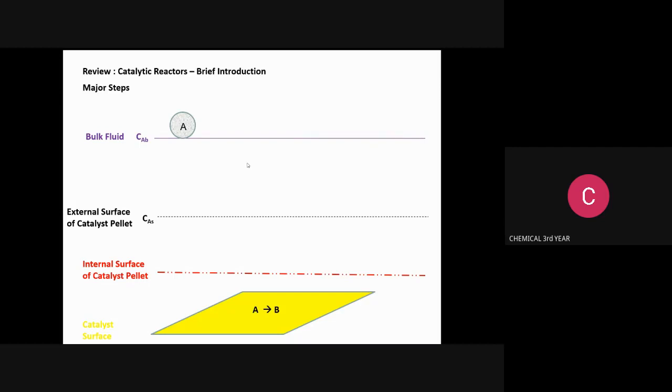Listen to the slide and you can easily understand this process.